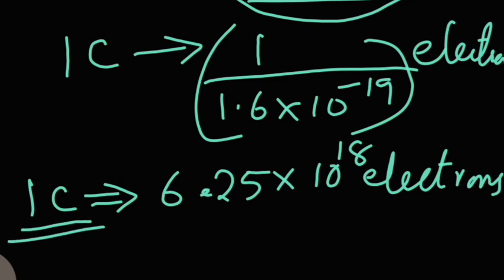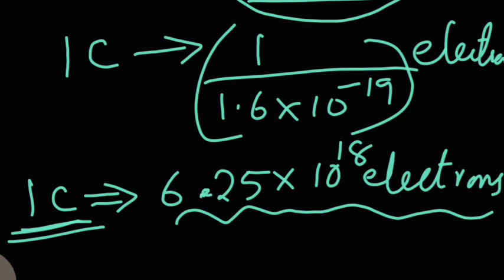You should imagine how many electrons are constituting a small charge 1 coulomb. You need 6.25 into 10 raised to 18, that means 625 into 10 raised to 16. So you have to put so many zeros there.